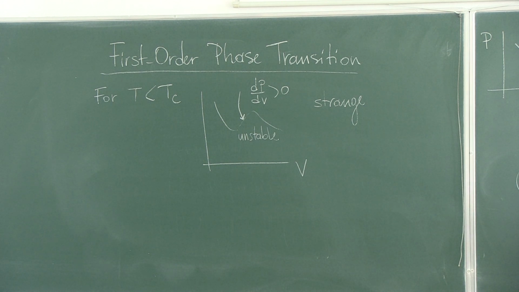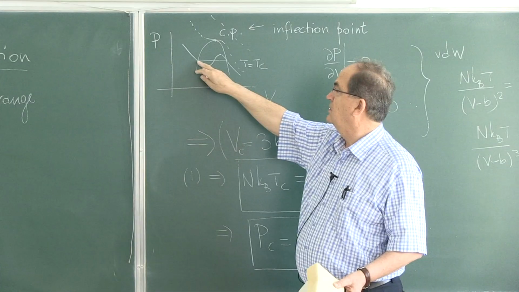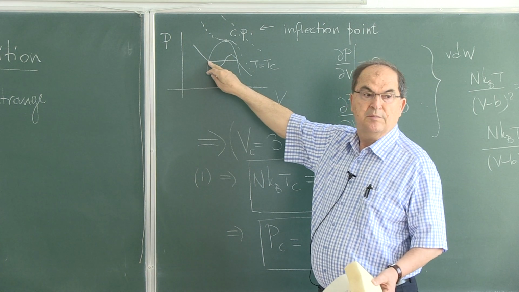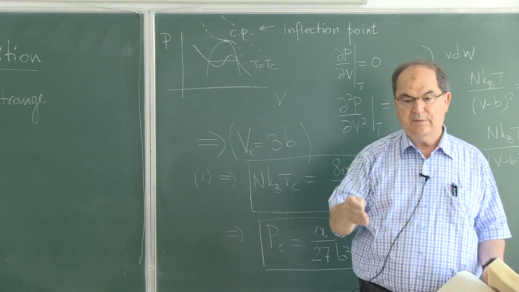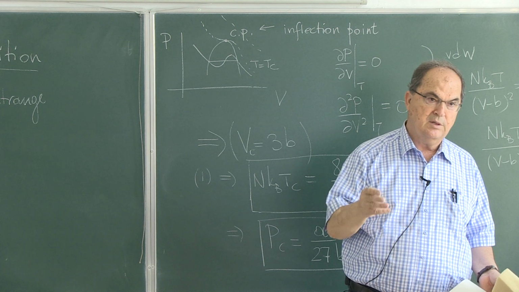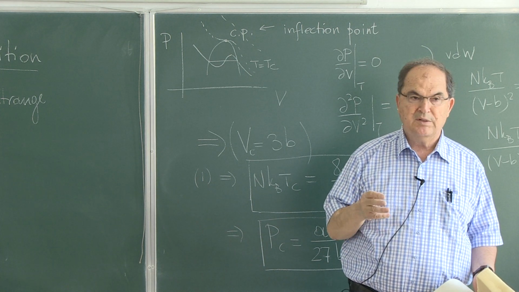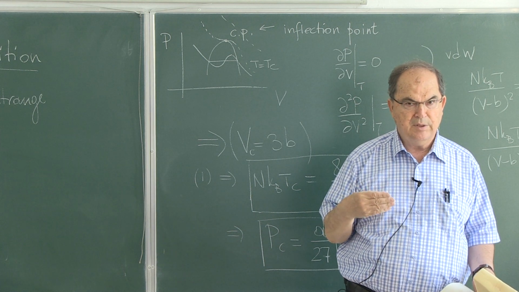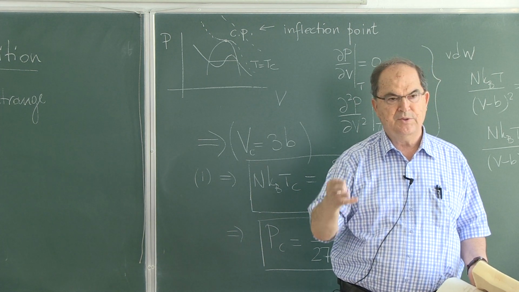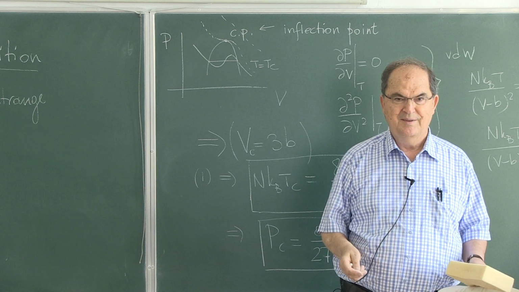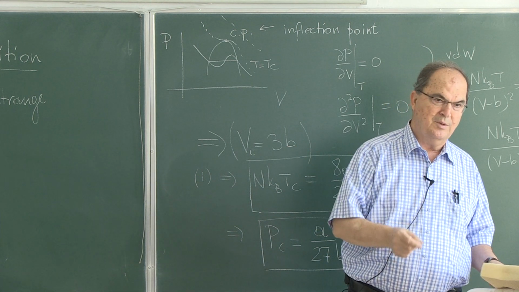Let's correct that behavior. We have to go from this behavior to that. See, in first order phase transitions like this, that should stay constant, because when you heat the system, increase the temperature, there must be latent heat. Some heat must go into the phase change, so that the gas turns into liquid.